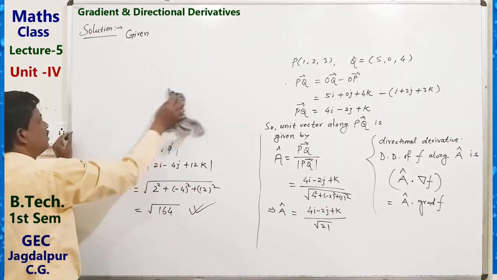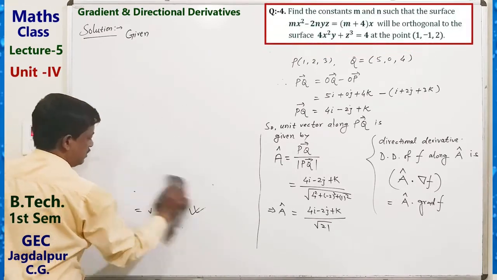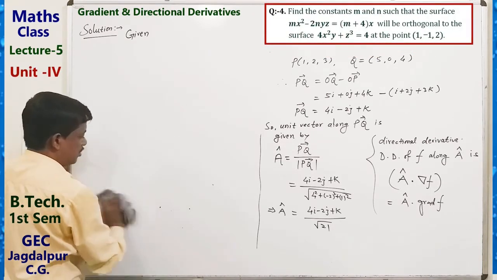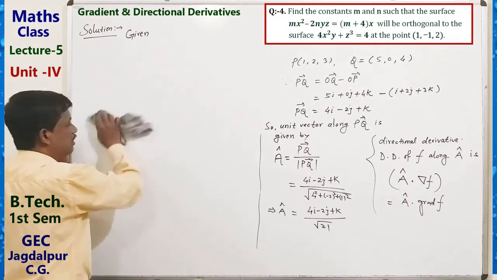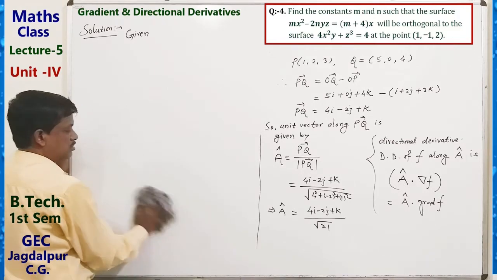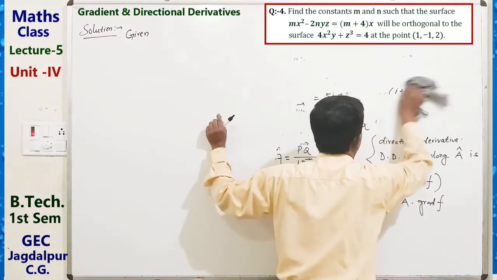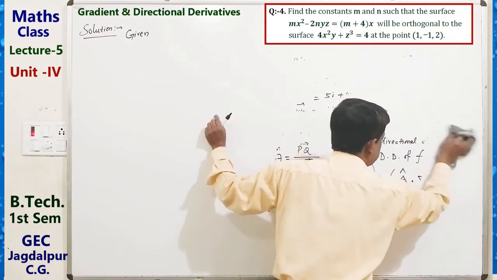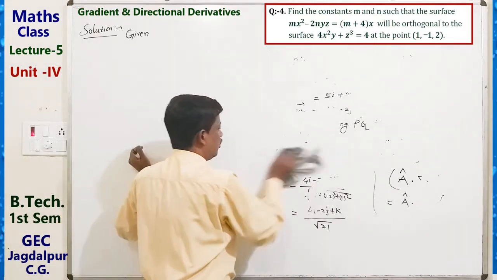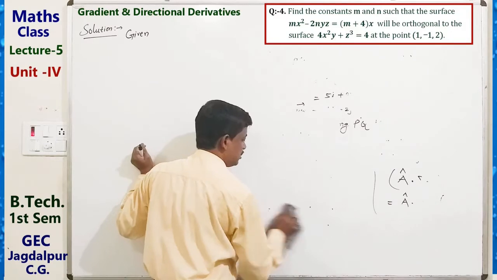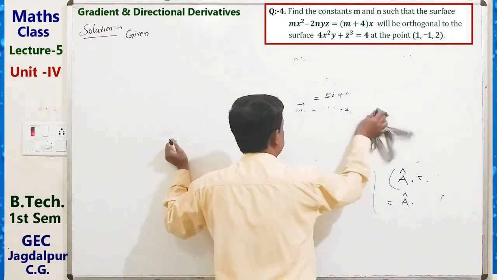Orthogonal means what? Perpendicularly intersect. That is, the angle between the normals is 90 degrees, so the normals are perpendicular.